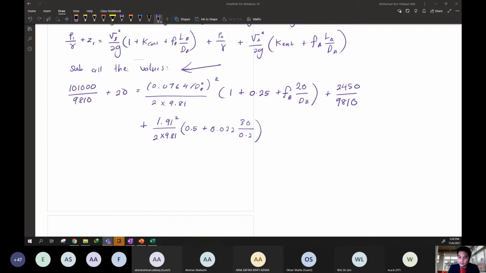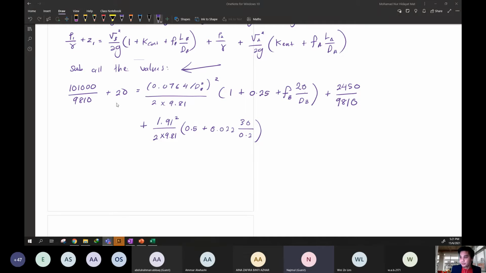Sorry, it's not like this. Sir, shouldn't we arrange it first before we put it in the calculator for finding the unknown?